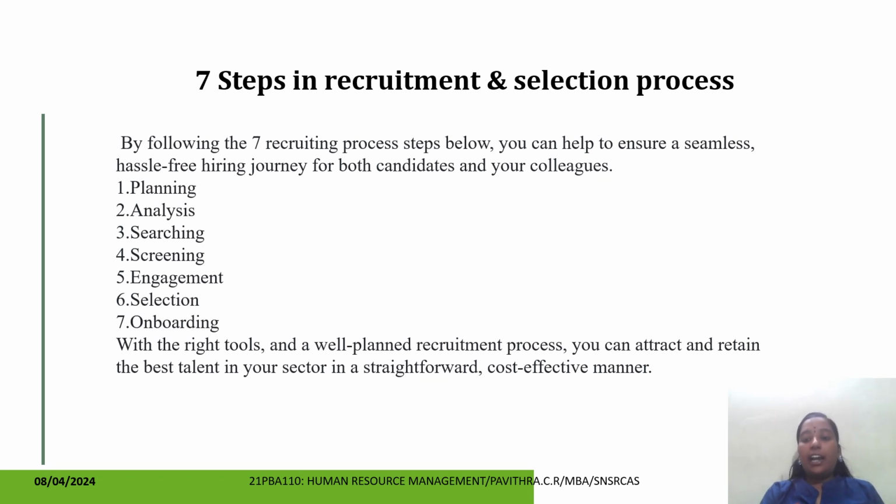Secondly, analyzing. Let us assume we are hiring for the role of senior marketing executive. In this case, we have to know the skills and job description of the employee. What is the job description? What would be the role of those employees?